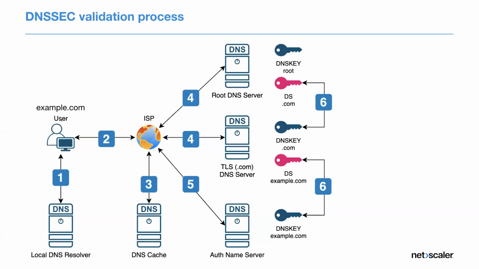similar, where the end user requests the FQDN for DNS resolution. The request goes to the local DNS resolver, and if it is present in the cache, the IP is returned to the user. If not, it goes to the ISP's DNS cache, as you see in step 3, and the response comes to the user.